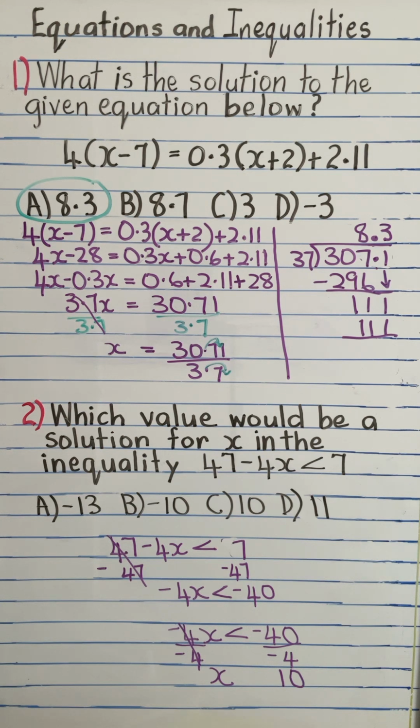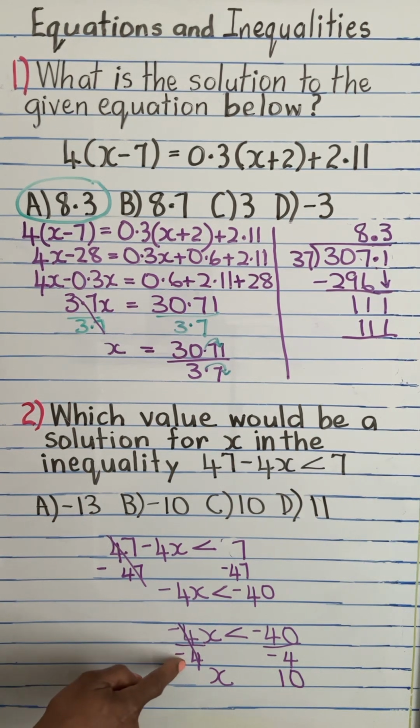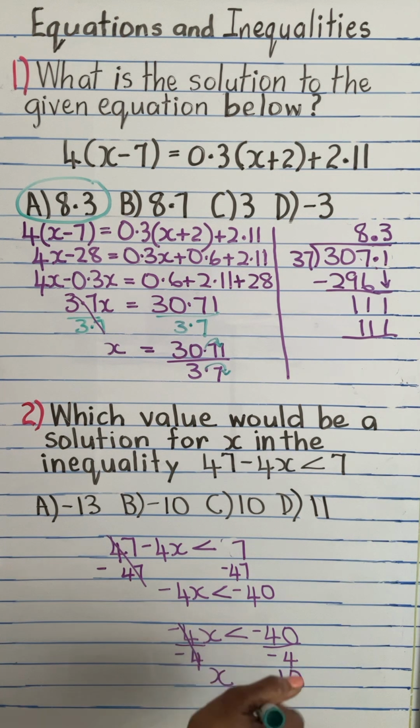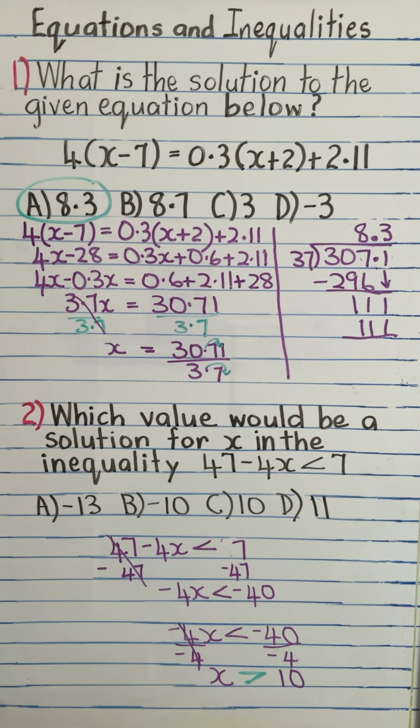When you are solving an inequality, if you have to divide or multiply both sides by a negative, you have to flip the sign. So we divided both sides by negative 4, so we're going to flip this sign to greater than. So final answer is x is greater than 10.